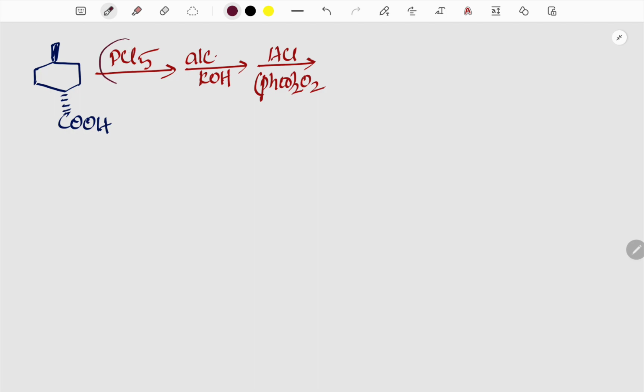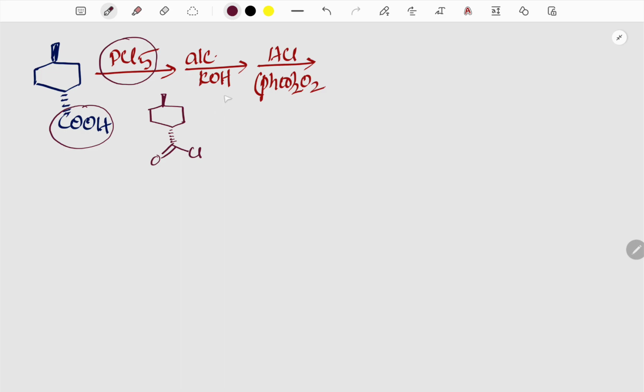Carboxylic acid treated with PCl5. So here this carboxylic acid reacts with PCl5 and finally it gives the corresponding acyl chloride. And this acyl chloride is treated with alcoholic KOH.